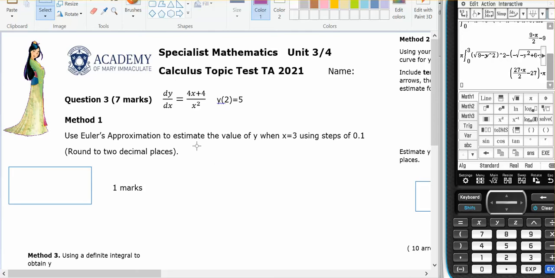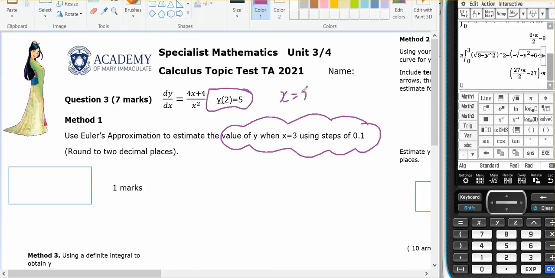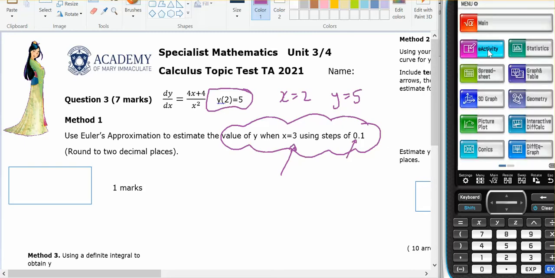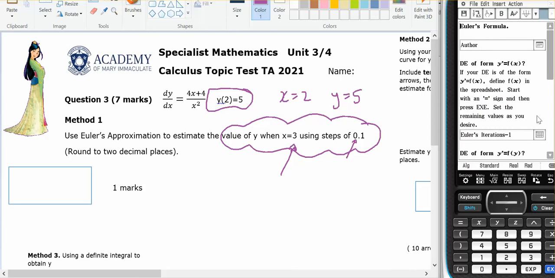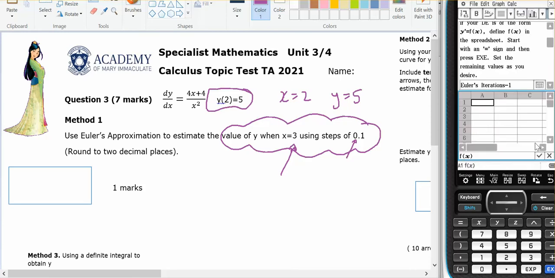The first one is using Euler's approximation, and I'm going to use the calculator to go from x equals 2, y equals 5 to estimate y when x equals 3 using steps of 0.1. So I come to menu, e-activities, and use Euler's activity.